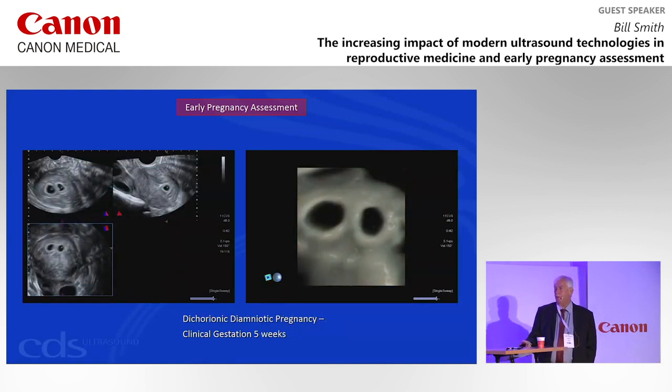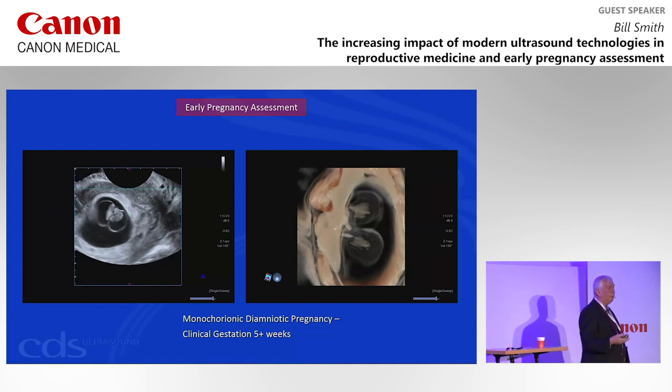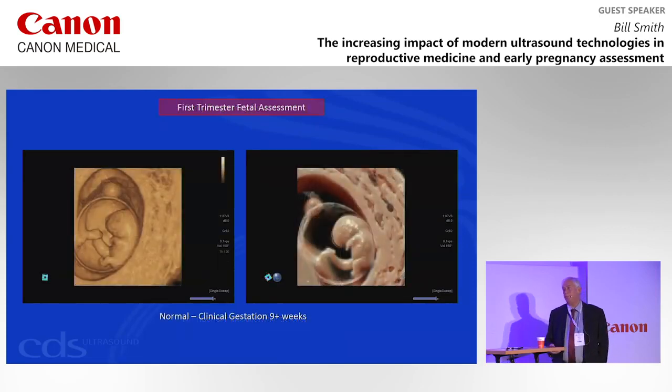So here's our dichorionic amniotic sac, very nicely seen with the rendered image. And here's a monochorionic twin pregnancy. And again, you can see how certain we can be of the chorionicity by looking at the rendered image that our 3D scan gives us very easily.